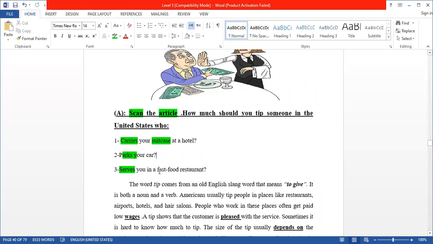Fast food, the restaurant that you are not going to eat inside. You are going to take your food with you, to take away. You are not going to eat your food in the restaurant, but you are going to take it with you to your home. Okay.